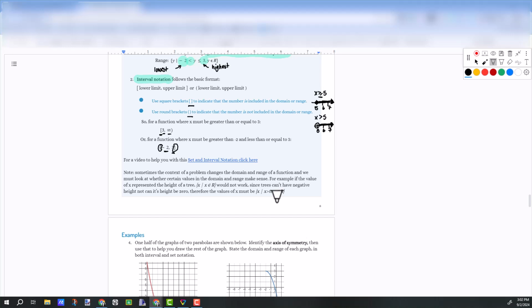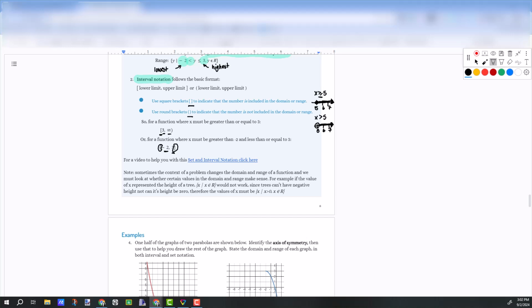Now, I'll make a note of this now, but we don't actually need to hold on to this piece. It says, sometimes the context of a problem changes the domain and range of a function, and we must look at whether certain values in the domain and range make sense. For example, if the value of x represents the height of a tree, x, which is an element of the real numbers, would not work since trees can't have negative height, nor can its height be 0, because if there's no height, there's no tree.